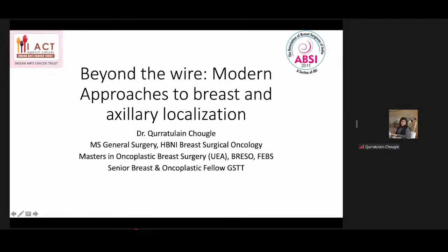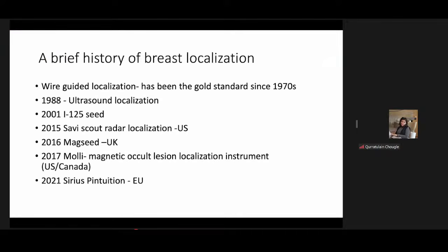So we'll start with a brief history of breast localization. As my colleagues have talked about in their previous presentations, wire-guided localization was the standard of care introduced in the 1970s. In 1988, ultrasound localization came into being. In 2001, the iodine-125 seed was introduced. In 2015, Savi Scout, a radar localization technique, was introduced in the United States.